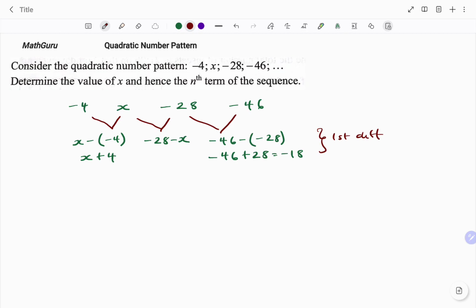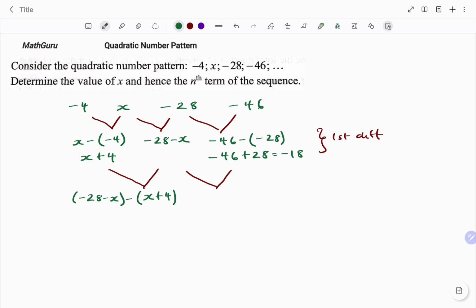I'm going to go ahead and find the value for my second difference as shown. Using the same concept, it's the term in front minus the term behind. So the term in the front here will be negative 28 minus x, minus, I'm going to put that in a bracket because it's an expression, x plus 4.